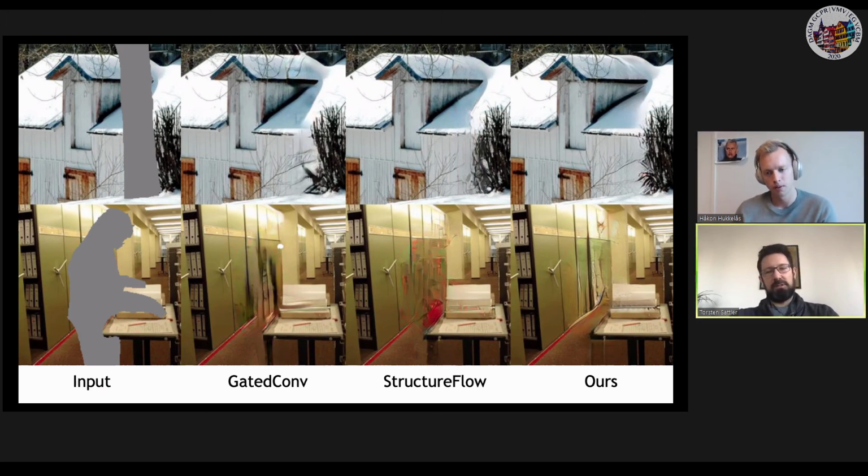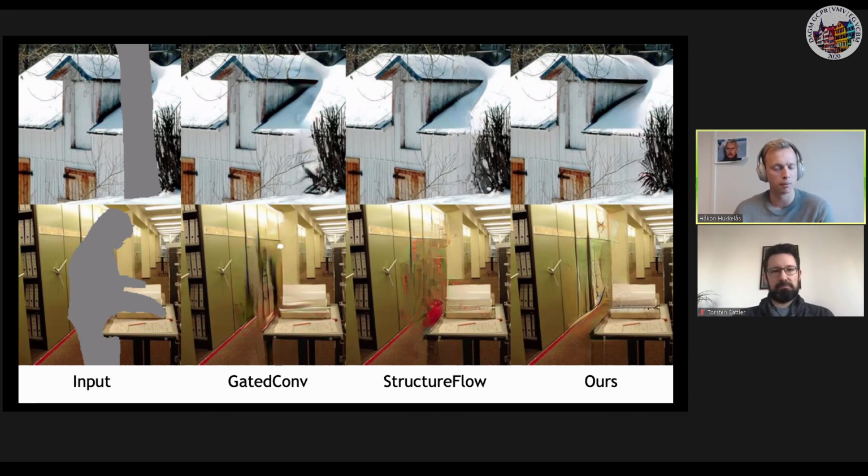Do you have an idea of how much you can inpaint before it starts to break down? How large can the regions be that you mask out? So this is mostly defined by the training set that we're selecting. From the gated convolution, we select a training set where the maximum inpainting is 25% of the image, I believe.